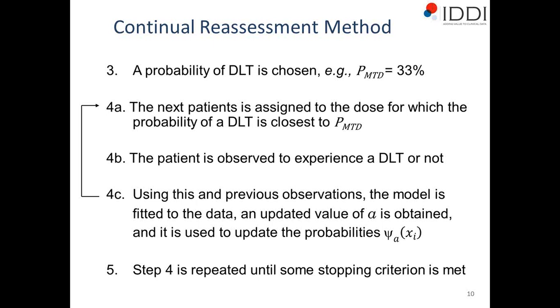You know, treat the patient, see whether he or she experiences the toxicity, and taking this observation, this result, and the result for the previous patients, update the model, choose the next dose, and so on. So this is like an adaptive scheme, which would essentially mean that after observing a response in terms of the toxicity to a patient treated at the current dose, we update the model, and we then select for the next patient the dose which is the closest to our target dose-limiting toxicity.